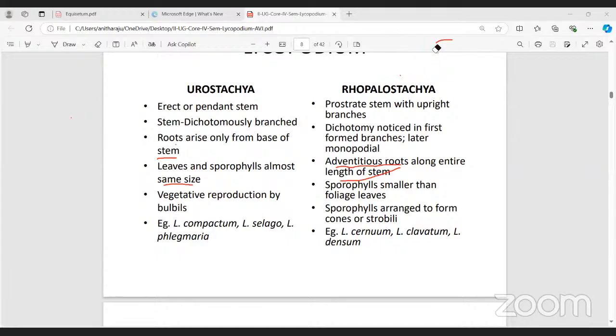So these Eu-stelochia, Aristolochia, and the others, this is only for theory, but not practical. Okay. Right.